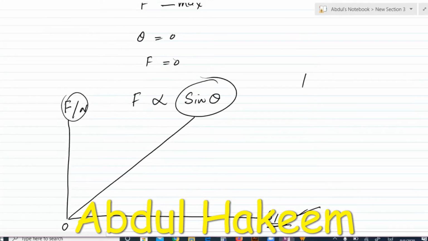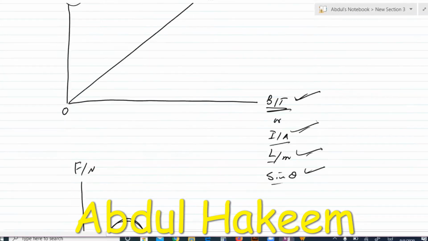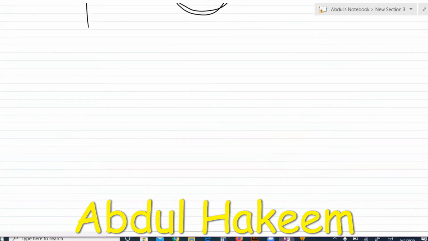So the formula for the force will be BIL sine theta. B is the magnetic flux density, I is the current, L is the length, and sine theta is the sine of the angle. So this is the important formula. Magnetic force is equal to BIL sine theta.